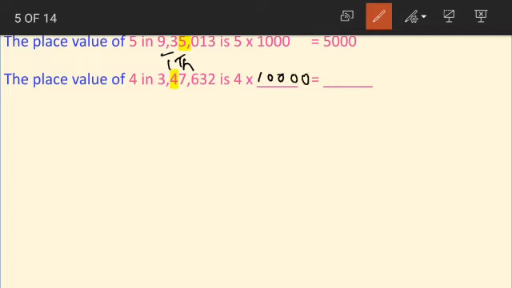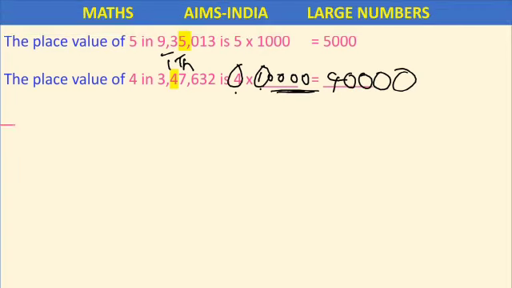And how do we multiply 4 with 10,000? Again, 4 into 1, 4. We have 4 zeros here, so I'll write 4 zeros here. Clear, children? 4 into 1, 4, and then we copy the same number of zeros.